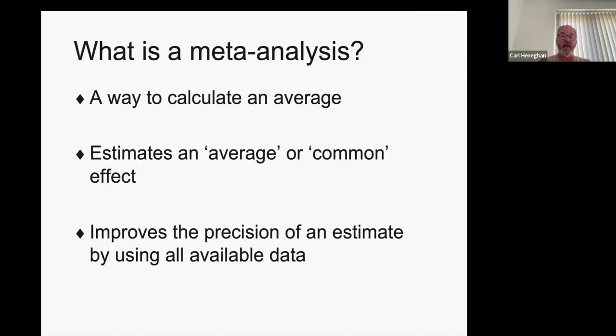So it's a way to calculate an average. You basically are taking all 14 studies and bringing them together to produce a pooled analysis. And actually what you do is it estimates an average or common effect. And if you think about it, it improves the precision of an estimate by using all available data. Many trials are underpowered, but when you bring them together in a meta-analysis, you've got the potential then to improve the power and precision of the estimate.